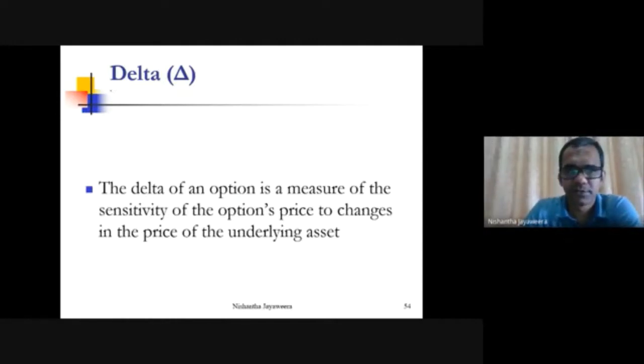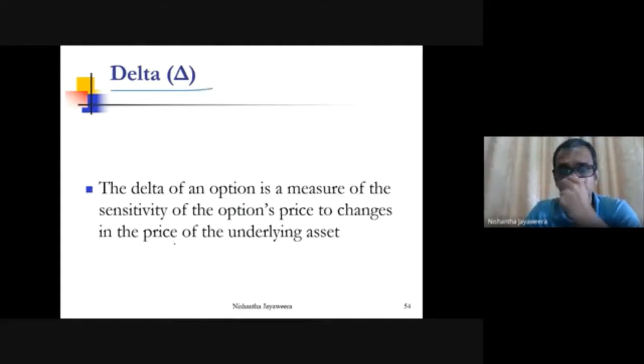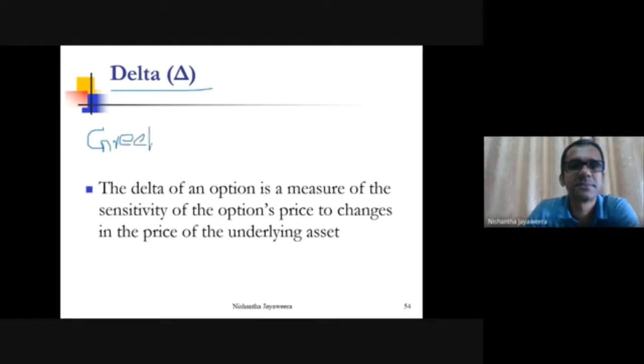So delta. Now these days very famous word, delta. All these are Greek letters. So therefore we call them option Greeks.